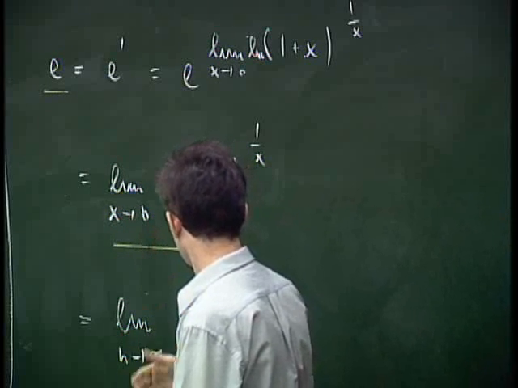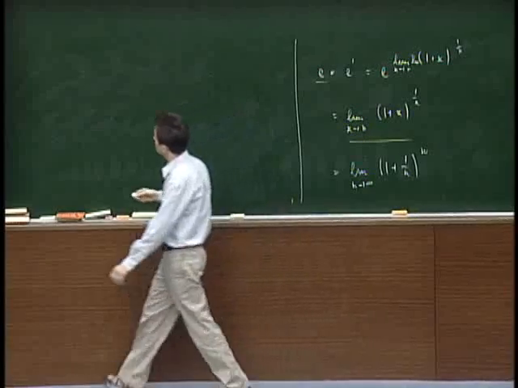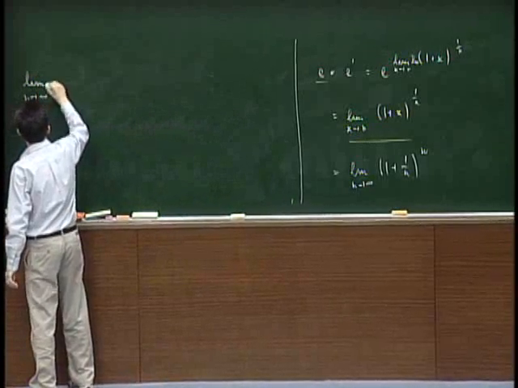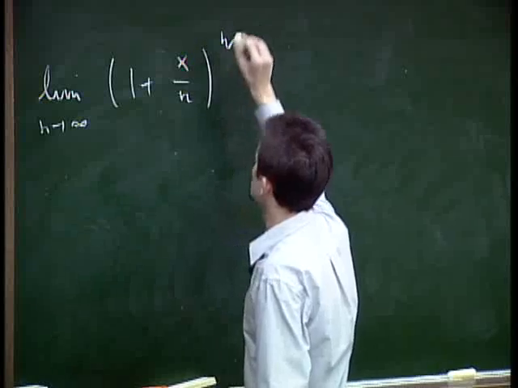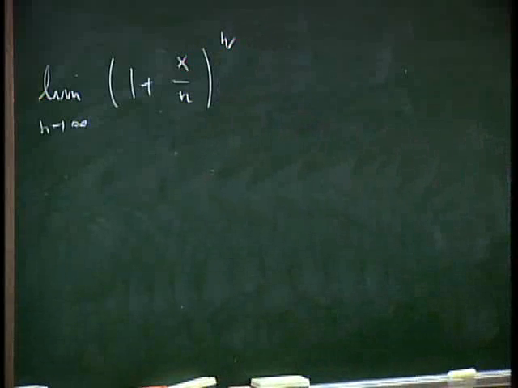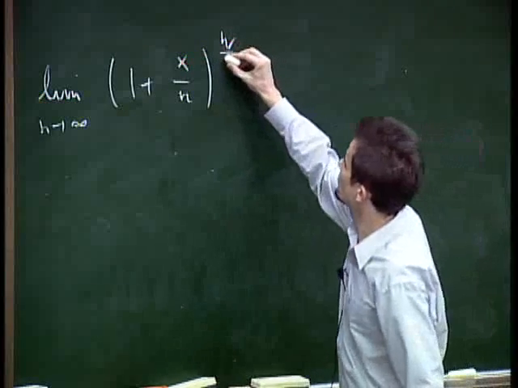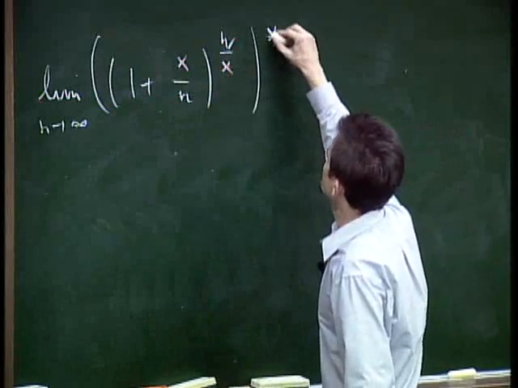And we see already from here that if you are interested in a pretty similar limit, namely (1 plus x over n) to the n, where x is any constant, you can handle this limit as well. Namely, you write (1 plus 1 over n over x) to the n over x, to the x.